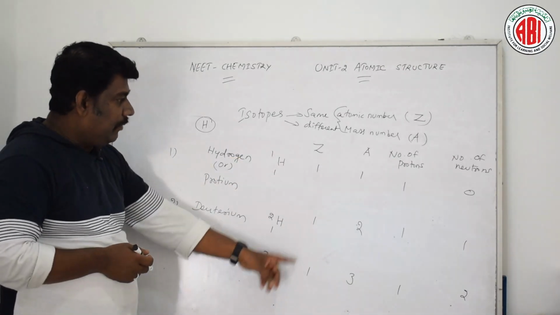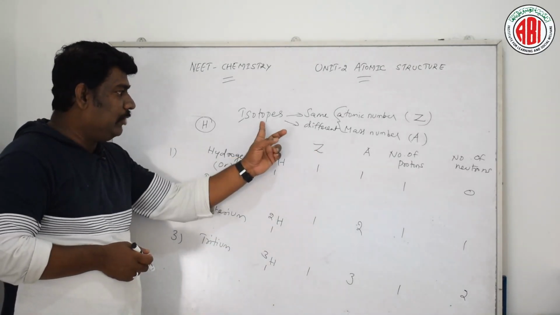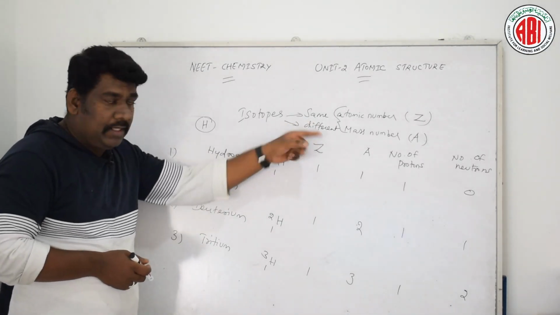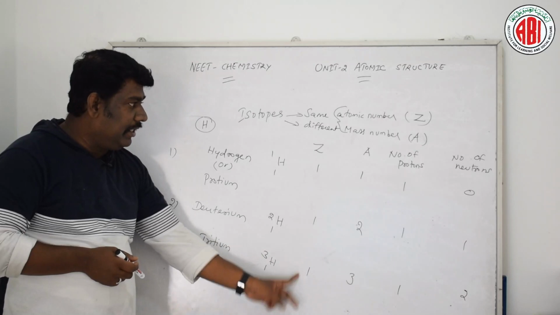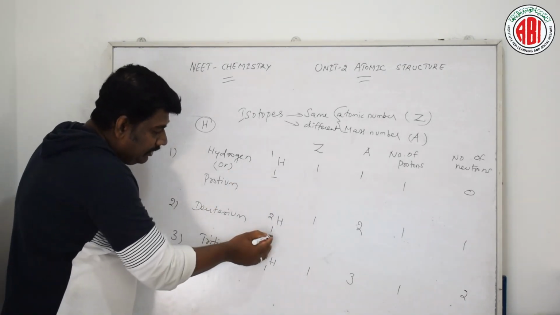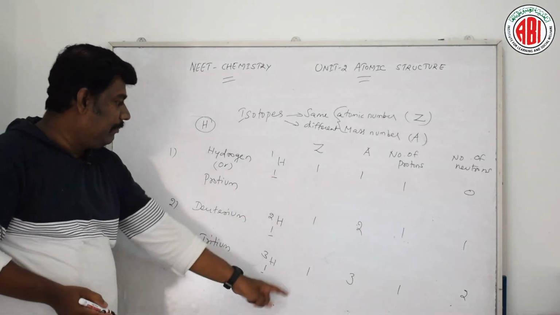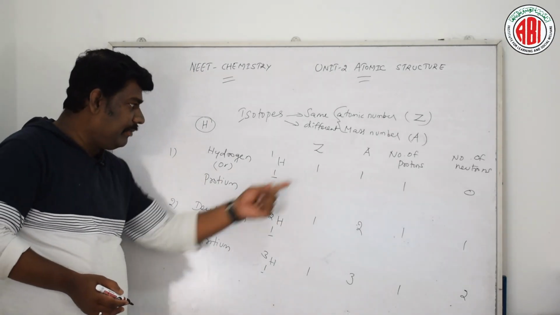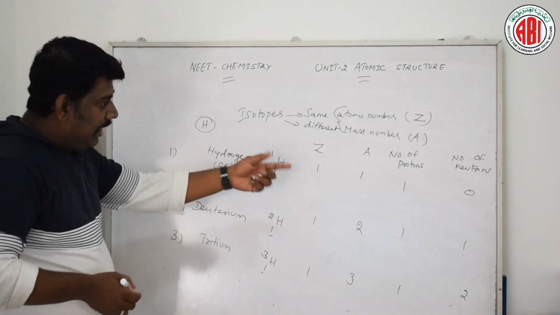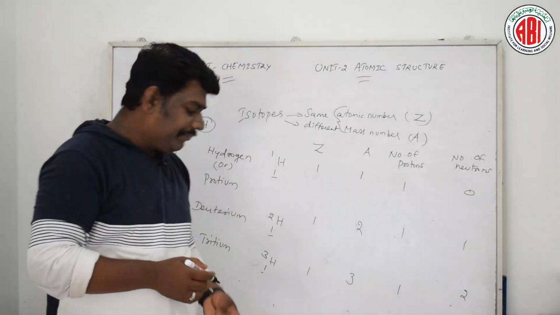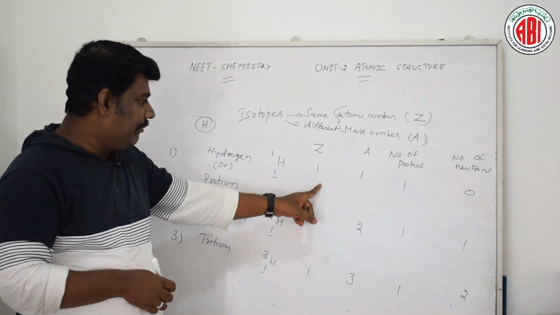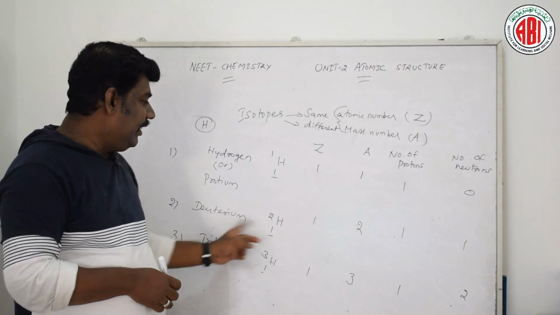Talking about atomic number, isotopes have the same atomic number and different mass numbers. The atomic number for protium, deuterium and tritium is the same, 1, 1, 1 each. The mass number differs with each isotope: for protium it is 1 and for deuterium it is 2.